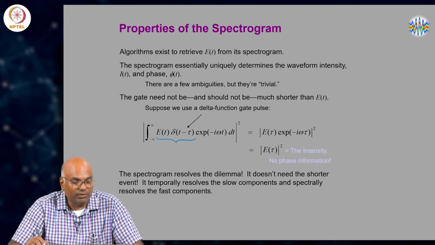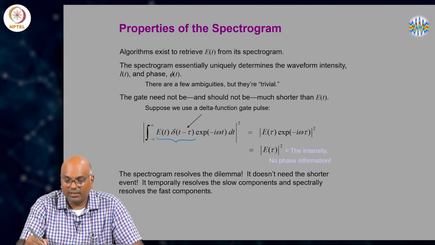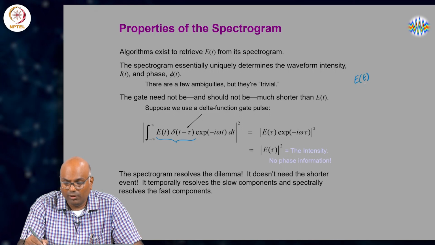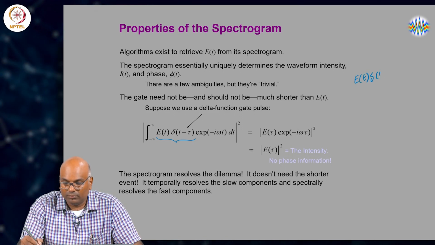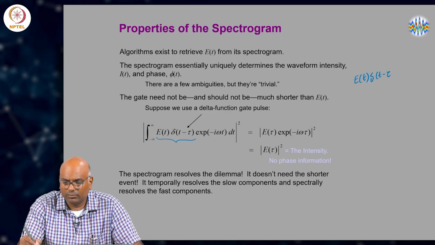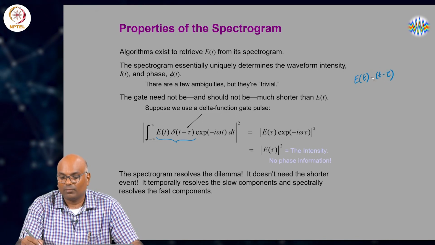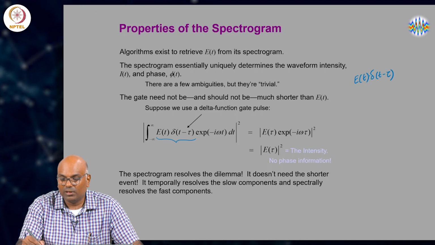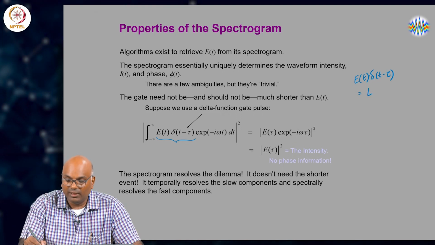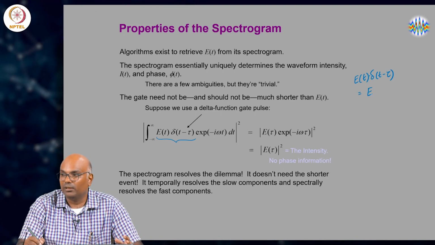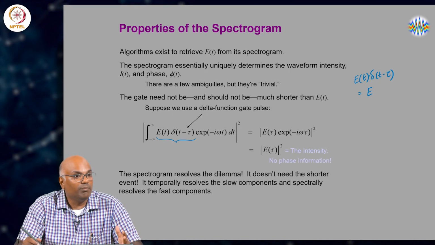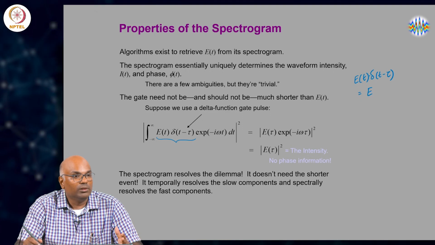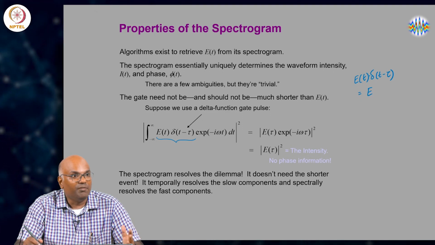What does the delta function do? It samples out E of t. What does this product do? This essentially, of course, we need to do the integral, but the delta function is extremely sharply peaked at one point, and everywhere else it is 0.